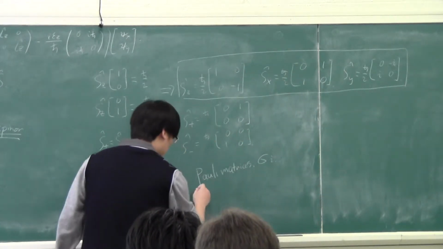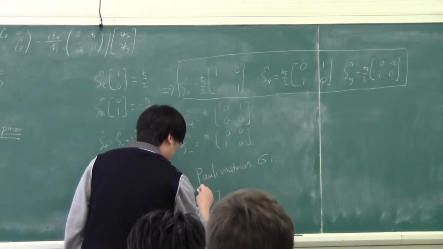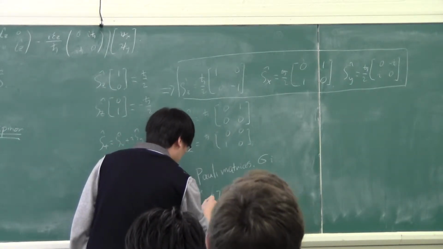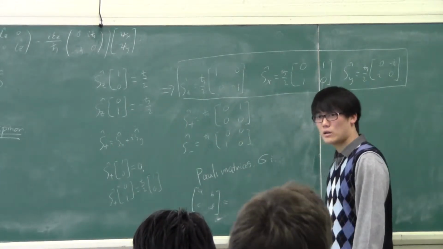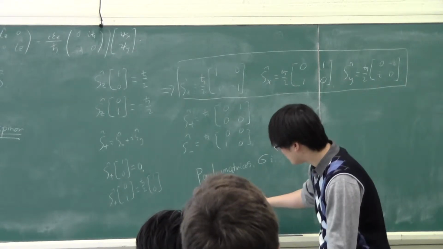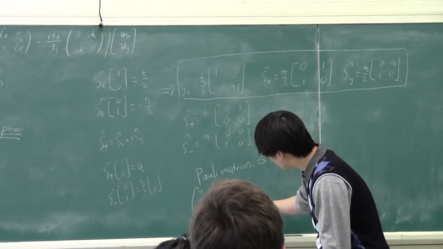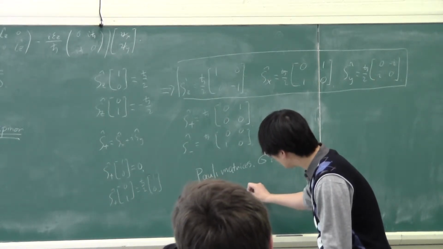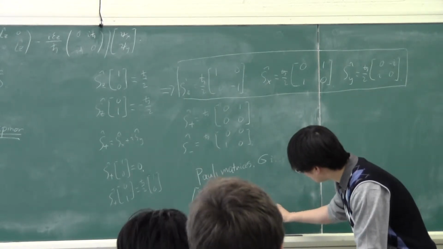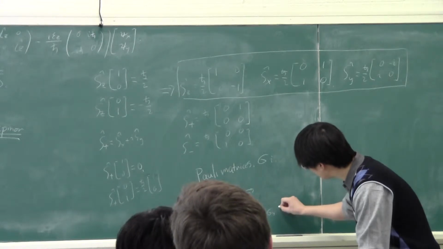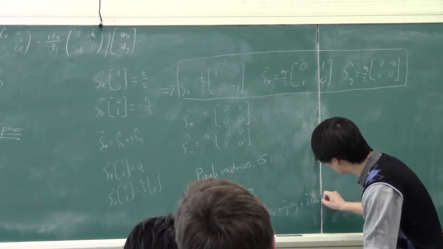So I'm saying that for any 2x2 matrix, maybe this is A, B, C, D, it's possible to decompose this onto the Pauli matrices by writing some vector M dotted with this vector, given by x hat sigma x plus y hat sigma y plus z hat sigma z.